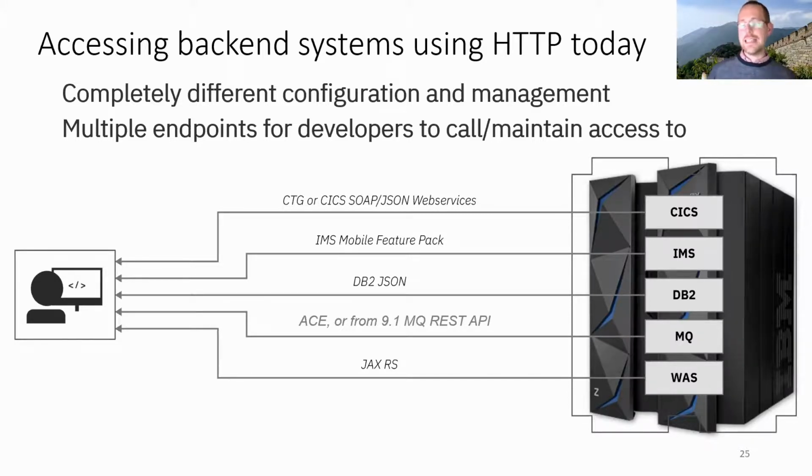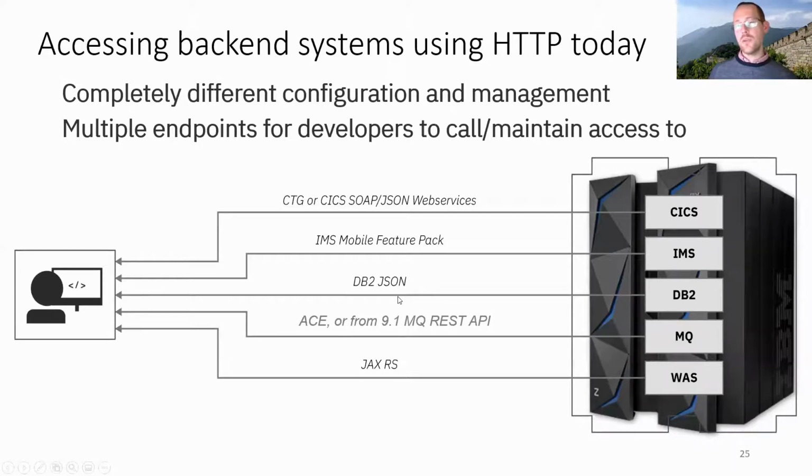And that's resulted in each individual piece of z/OS middleware over the years building up their own set of support for REST APIs. So for CICS, you had things like CICS JSON web services, IMS Mobile Feature Pack, Db2 JSON. On z/OS, we've got App Connect Enterprise or the MQ REST API. So you've got individual middleware-specific solutions to exposing REST APIs.